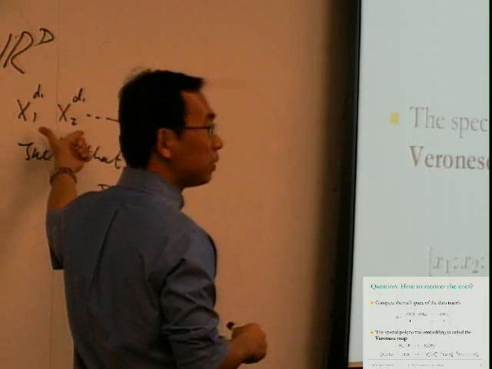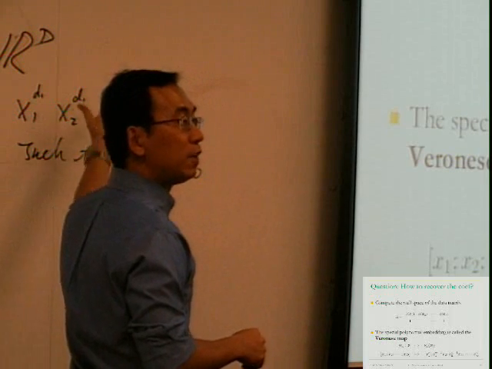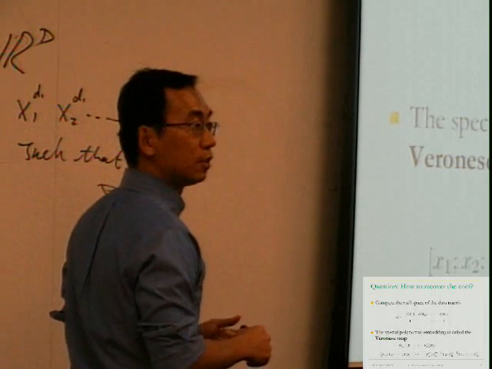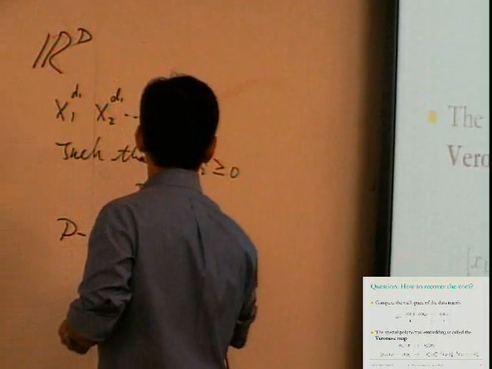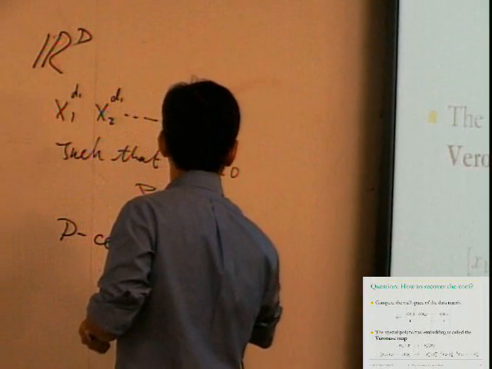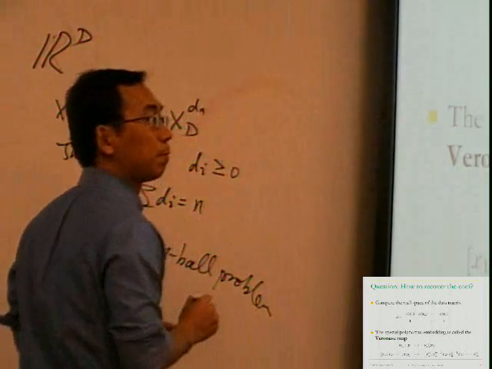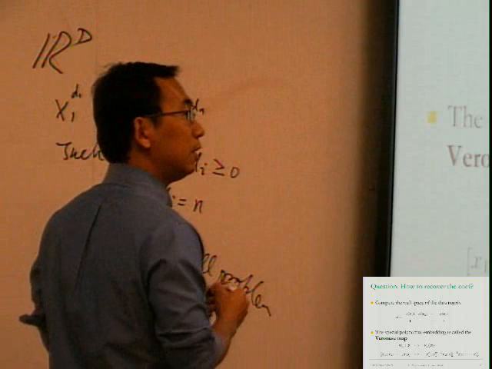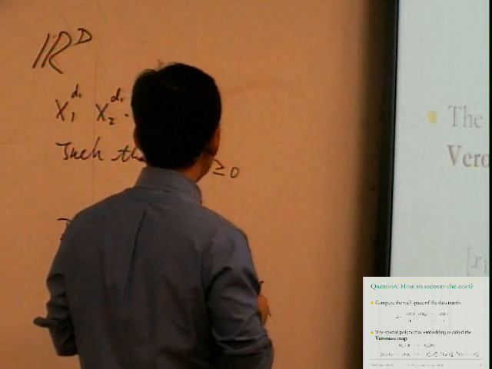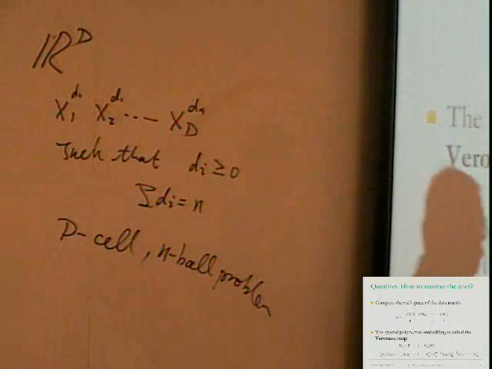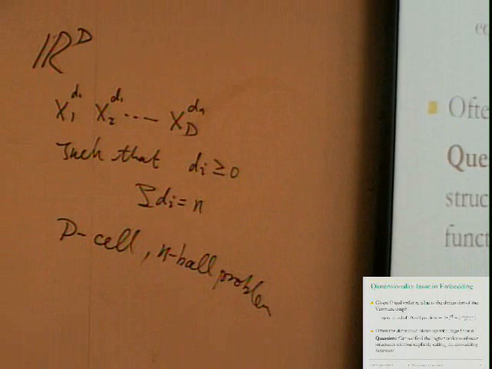So this problem becomes, you have capital D cells and you want to fit in n balls. This is the so-called D cell n ball problem in probability, right? So that's the solution.